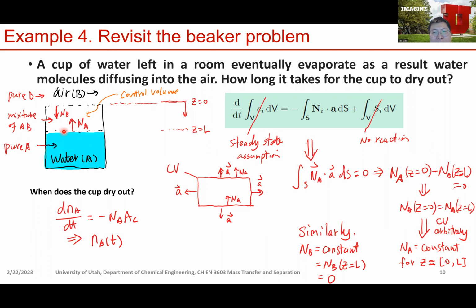So NB at this location is 0. And because NB is a constant throughout this region, NB is 0 everywhere, right? So that just gives us the convenience, as we will show later, to further solve this problem.